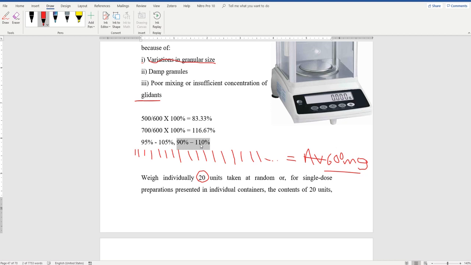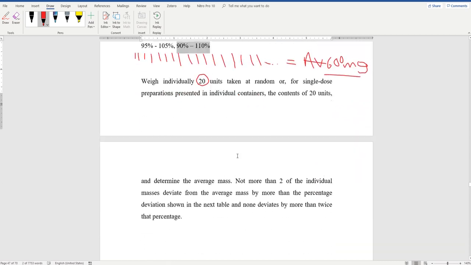So it can pass the test if all the tablets are within the first range. If 1 or 2 tablets are not in the first range, these 1 or 2 tablets should be in the second range. Is that clear?